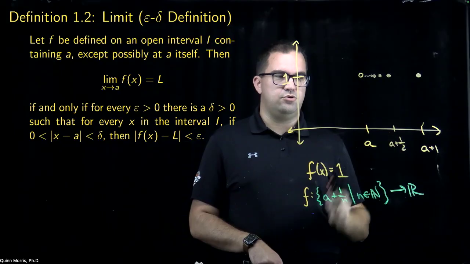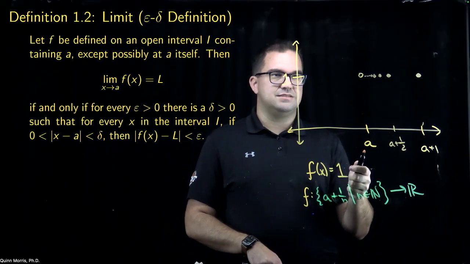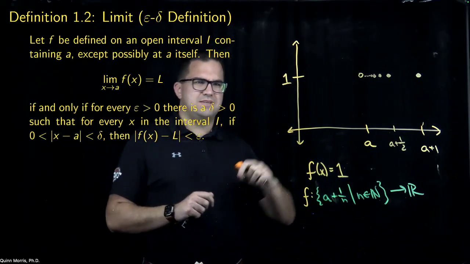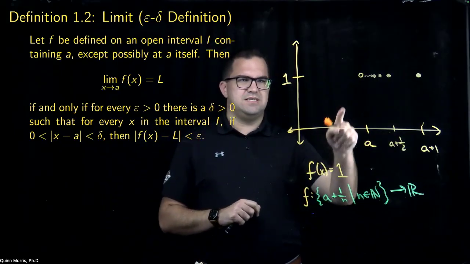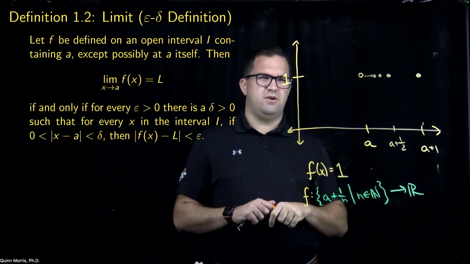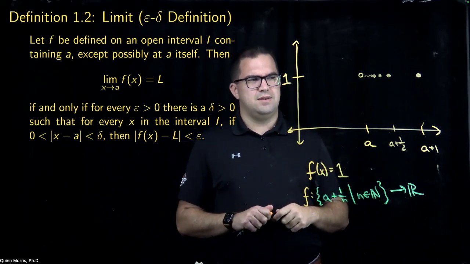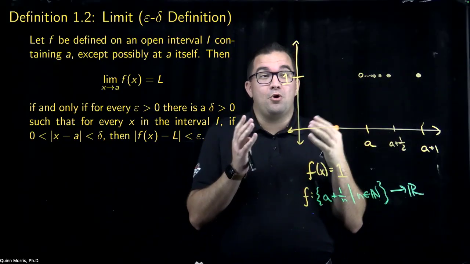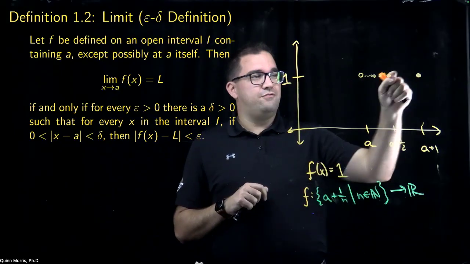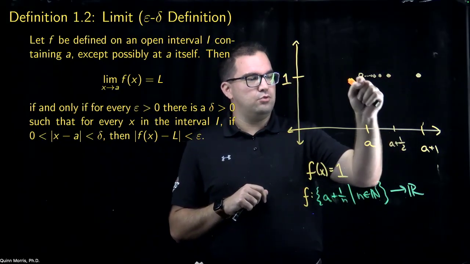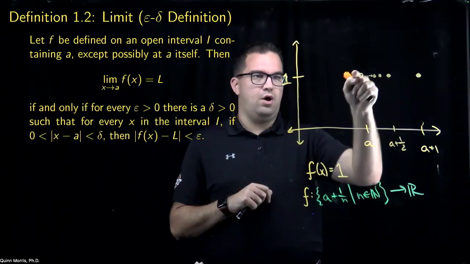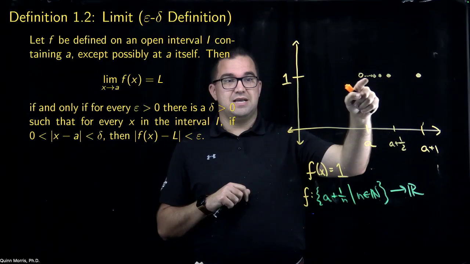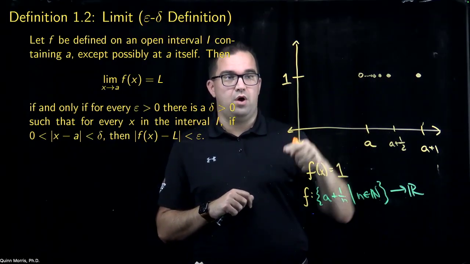And now you ask the question, well, can you talk about the limit as x approaches a of this function? Now, this is in some ways even weirder than the last one because this function isn't even defined at a. But now I start to feel like maybe I should be able to talk about the limit as x approaches a here. In some appropriate sense of approach, I have points that are approaching a and the function values are all 1. I feel like I should be able to say that the limit as x approaches a of this function is 1.